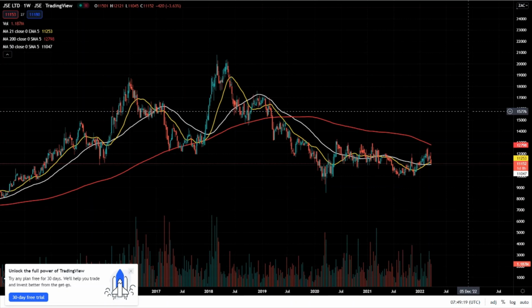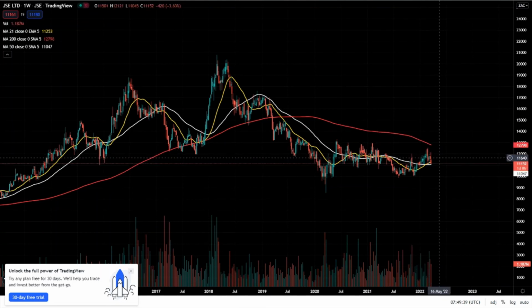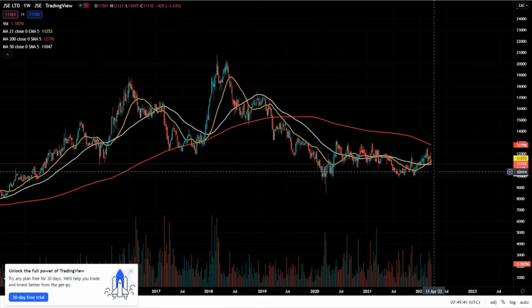So look, it's obviously not all the time like this, but this is just a very simplistic way to analyze. And of course, the old saying is when in doubt, stay out. If something is not clear, when you look at these moving averages as a clear sign to buy, rather don't buy, just rather wait.